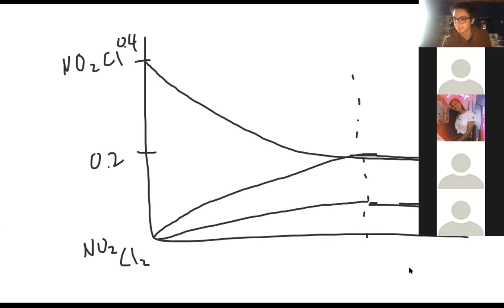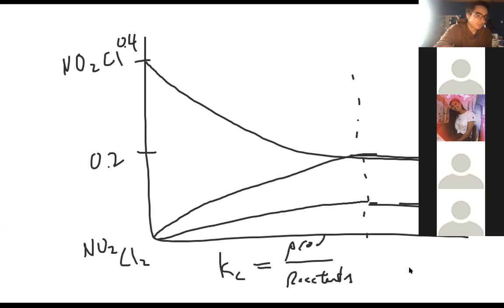The last thing it shows us is calculating the equilibrium constant. We know the equilibrium constant, Kc, is equal to products over reactants. So we can just plug in our known values.